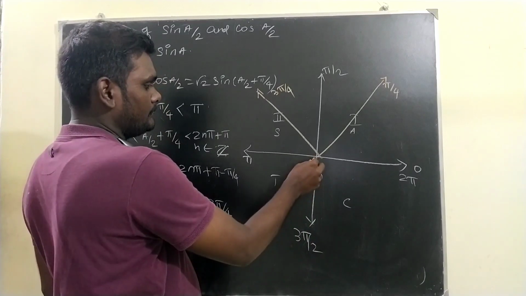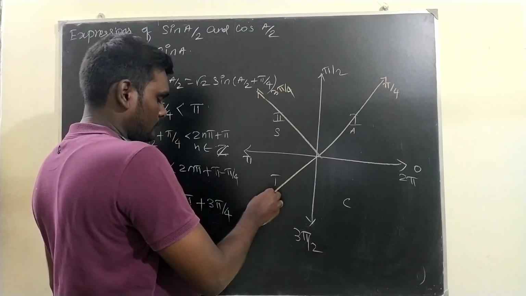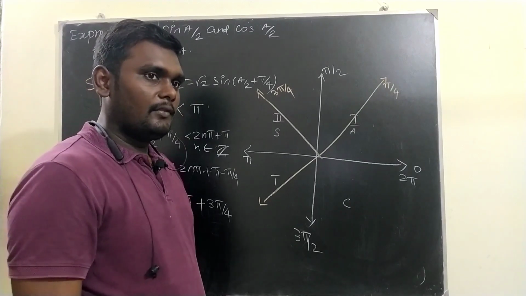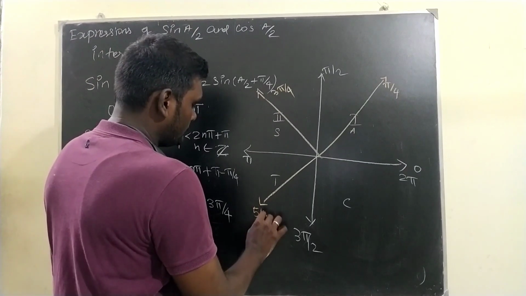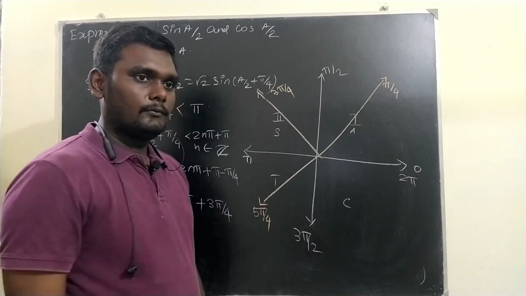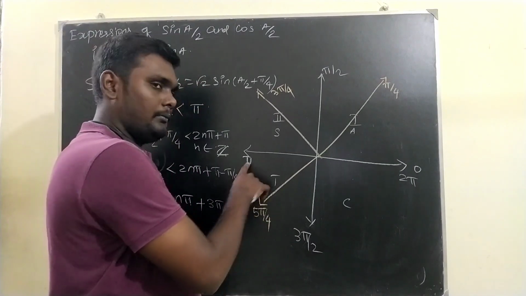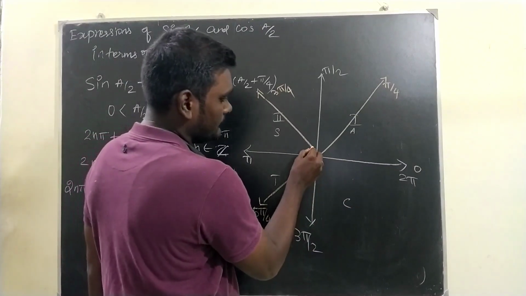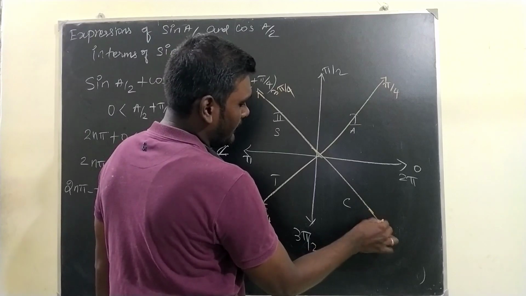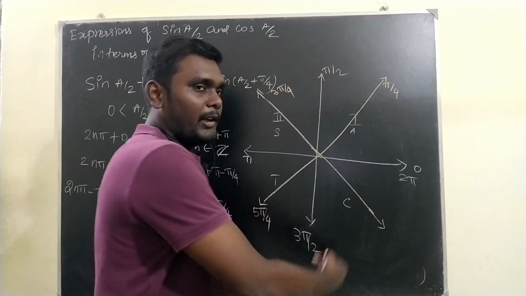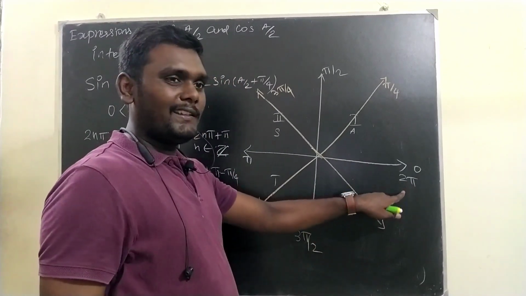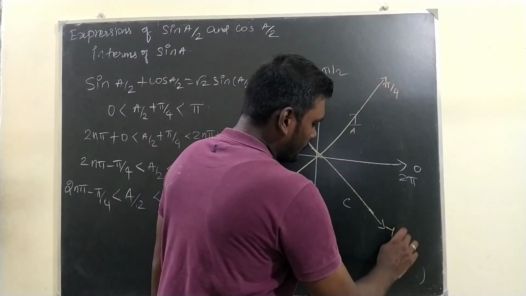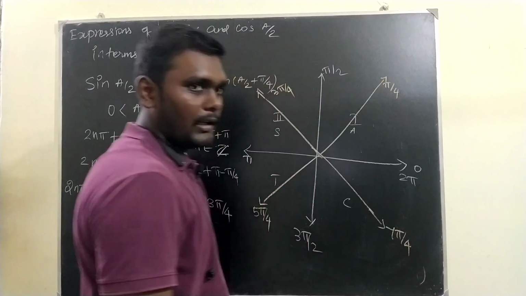Then it is 5 pi by 4. Then the next pi by 4 will occur here. Either it is 2 pi minus pi by 4 or 3 pi by 2 plus pi by 4. I am going with the easy one. 2 pi minus pi by 4, it is 7 pi by 4. Okay.